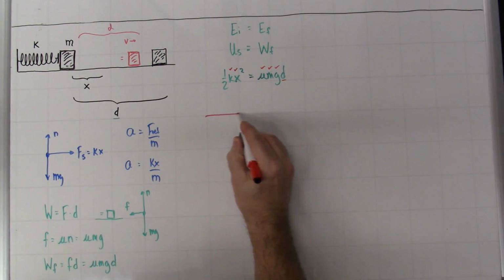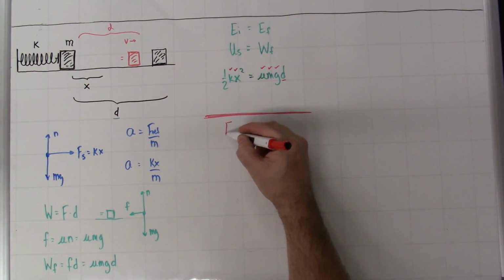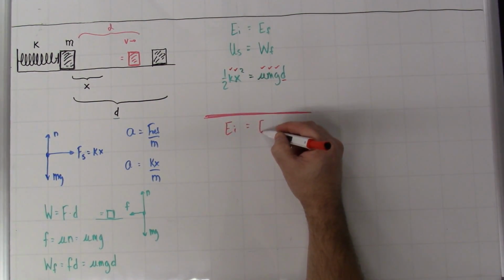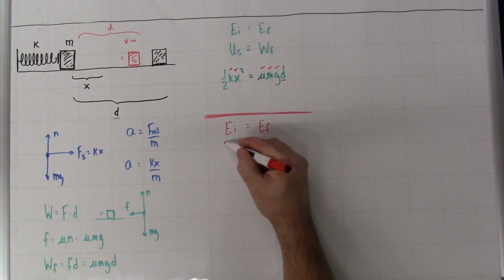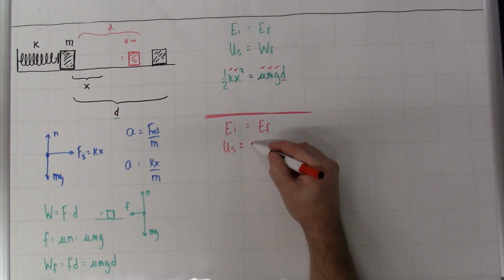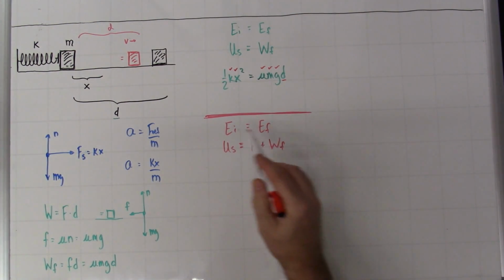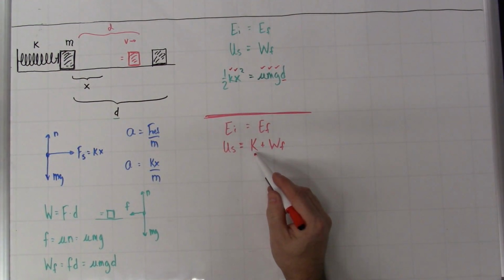So we can use the same conceptual framework for this, where we know that the initial energy has to be equal to the final energy. The initial energy is still all in the spring, but the final energy this time is the kinetic energy plus the work done by friction while it's sliding to get to this amount of kinetic energy.